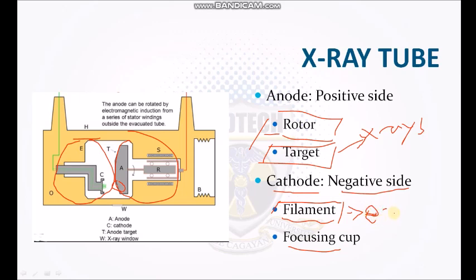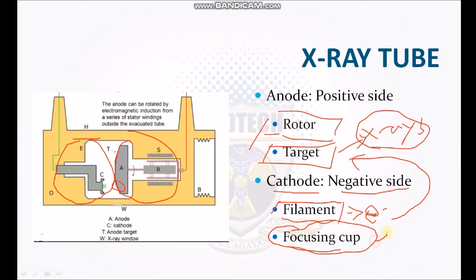And then these electrons will interact with the target to produce X-rays. Then you also have the focusing cup. The focusing cup helps the electrons to travel in a straight path. Okay, that is the main purpose to focus the path of electrons.